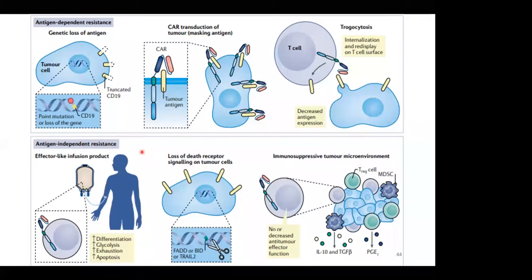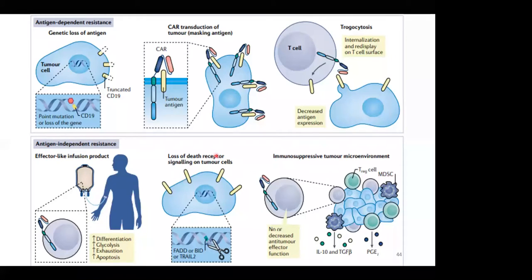I would prefer having more of central memory and stem cell memory, because it has the right balance of both the memory function as well as the effector function. Now, if you are gonna give the patient more of an effector phenotype like infusion product, it is basically like sending old men or women to the army battlefield. They are going to get exhausted very fast.